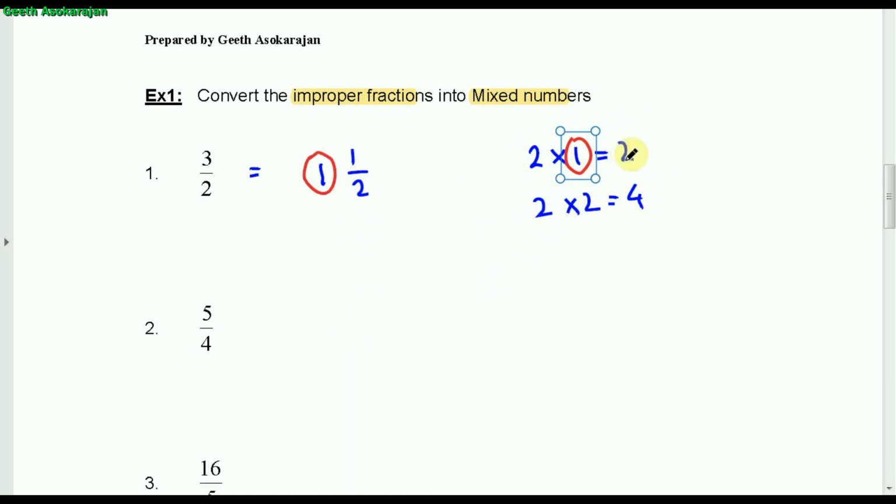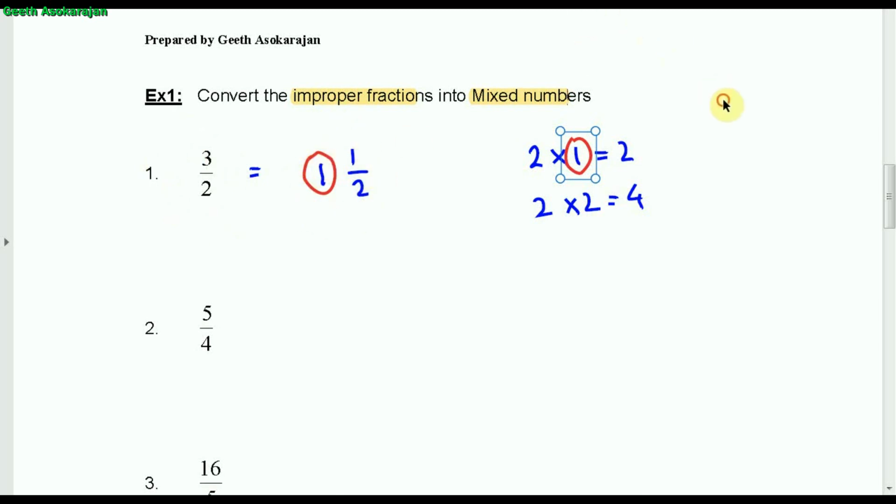The difference between 2 and 3 is 1, so you write down that difference there. Or you can think of it as counting from that 2 to that 3, giving you that difference of 1. As you can see, here's our improper fraction and here's our mixed number.